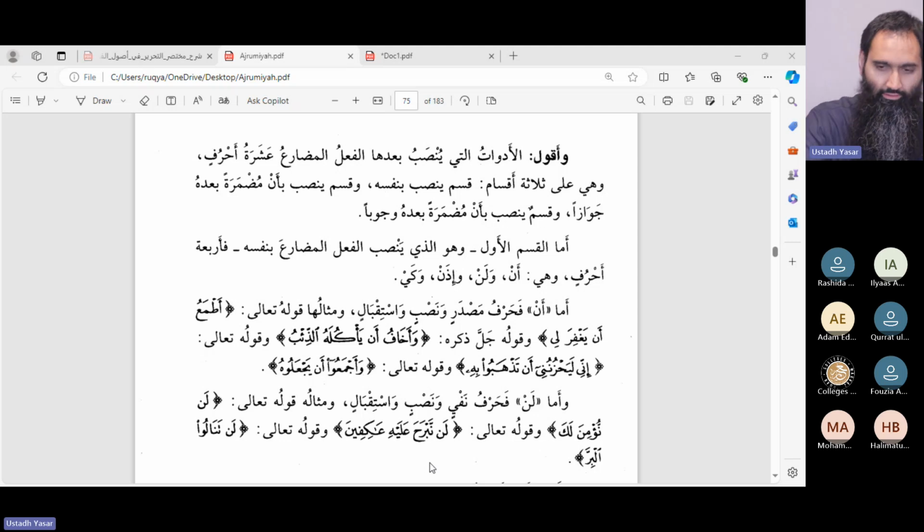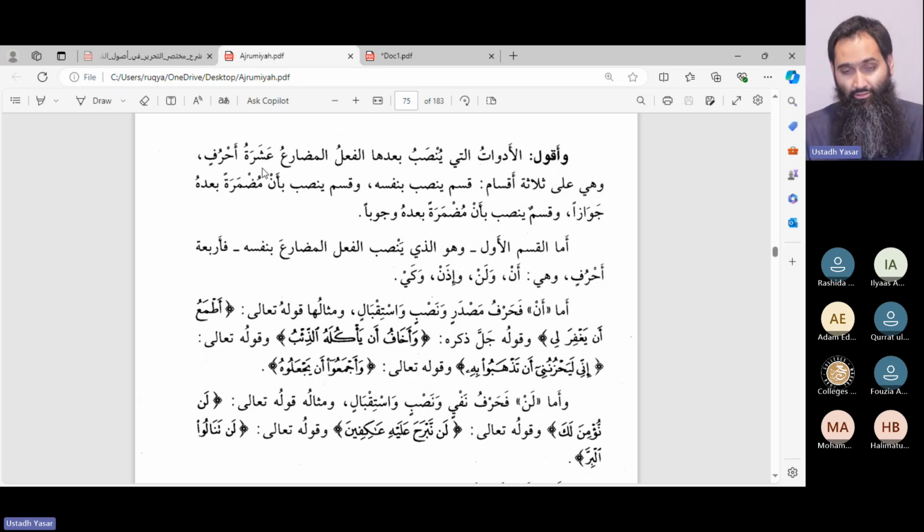Yes, ahsant. So Brother Shiraz is saying asharatu, yes. This is the khabar. Al-adawatu asharatu ahruf. The adawat, the tools, they are 10 letters. And this in the middle is extra information about the adawat.